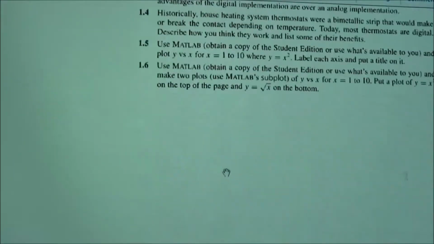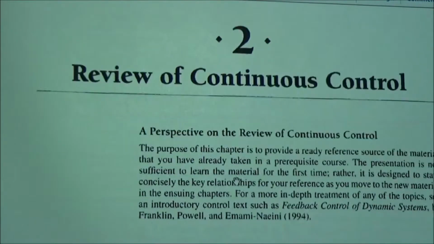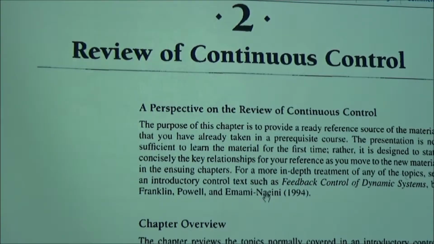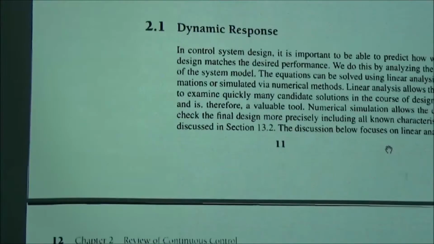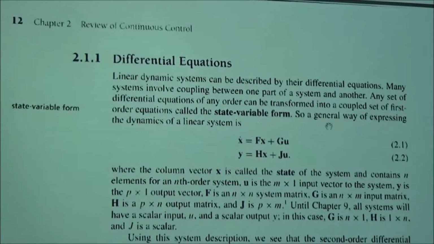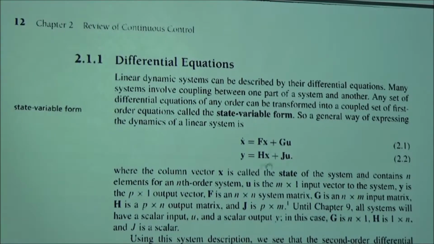Let me now go to chapter 2, which is a review of continuous control. You're supposed to have basically learned much of this material already. Here is a state space representation.